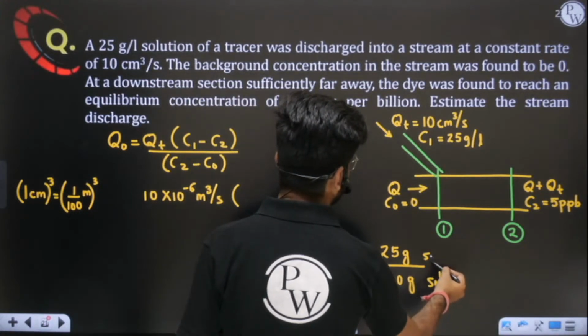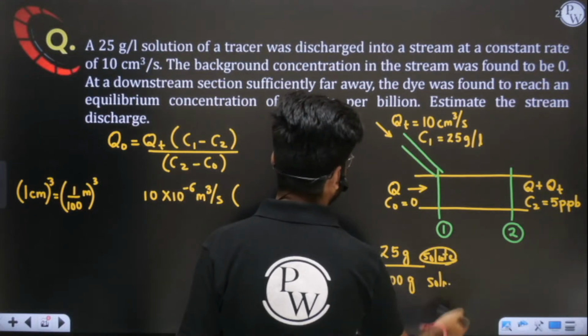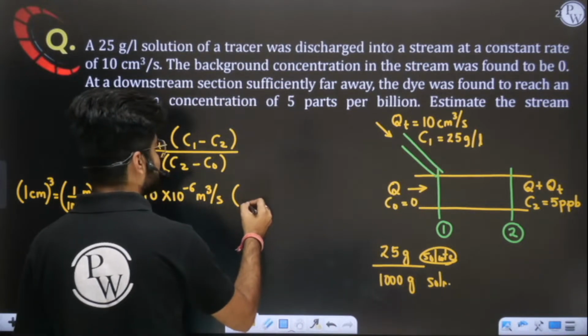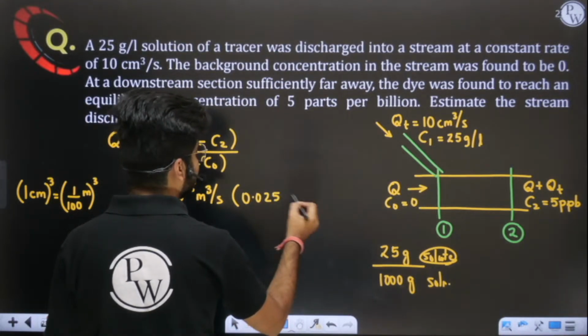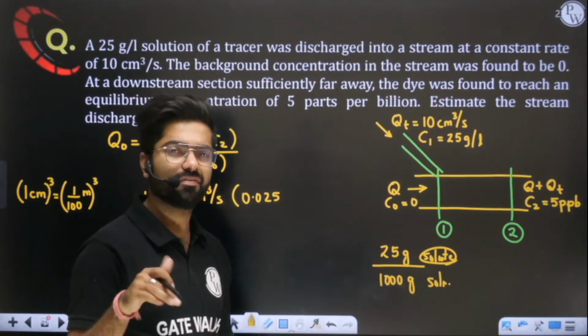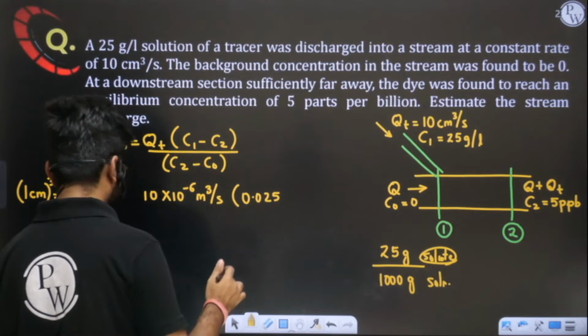This is the solution, and this is the solute, the solid which has been dissolved in the solution. When you divide, you get concentration as 0.025, 25 upon 1000. Simply we are considering this concentration as a fraction. Understood? Now C2.